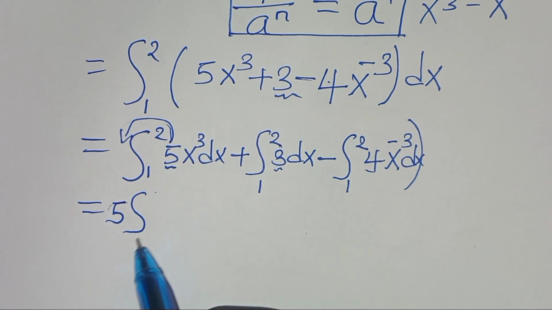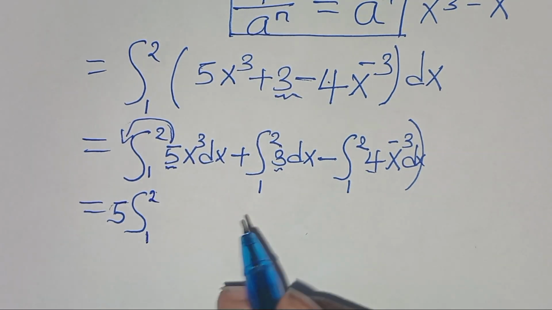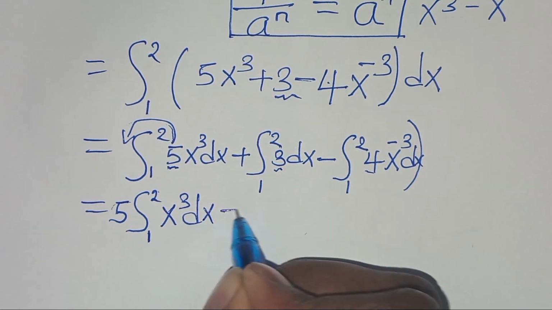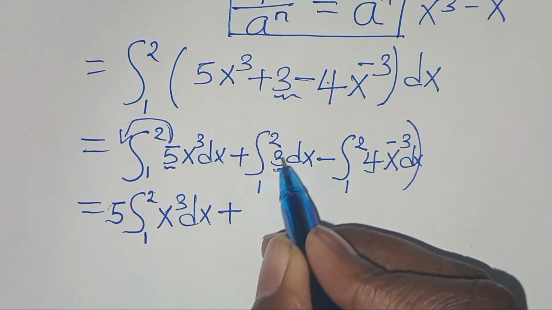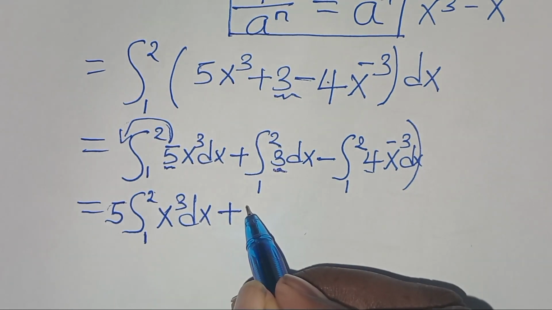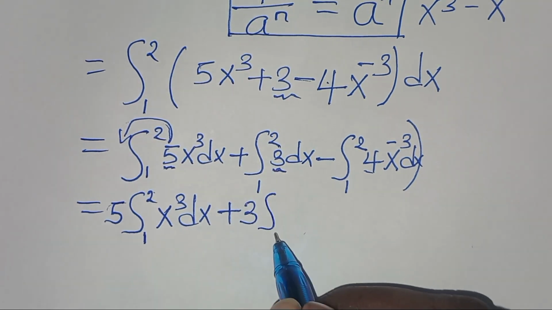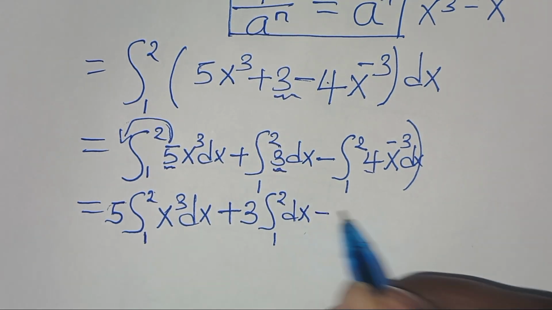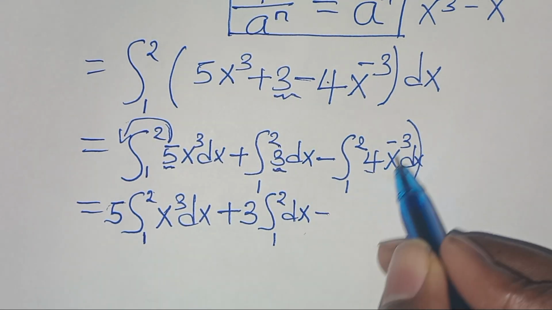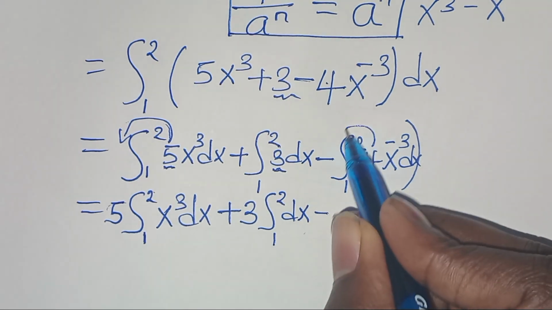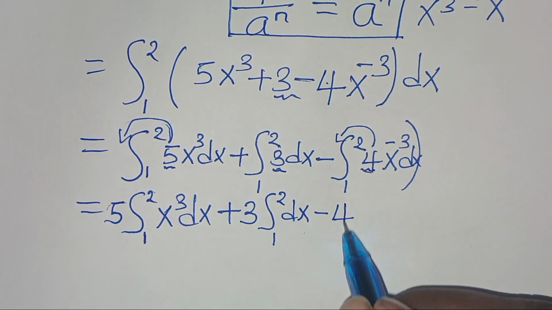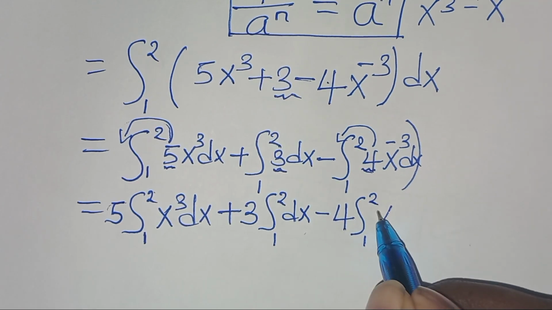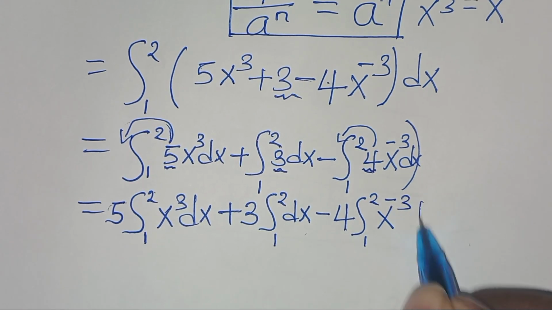We have 5 times the integral from 1 to 2 of x^3 dx, then plus the constant 3 times the integral from 1 to 2 dx, then subtract 4, again a constant, times the integral from 1 to 2 of x raised to the power minus 3 dx.